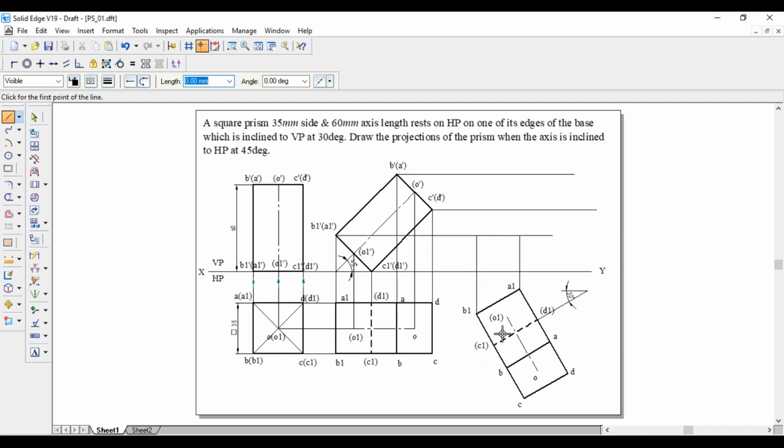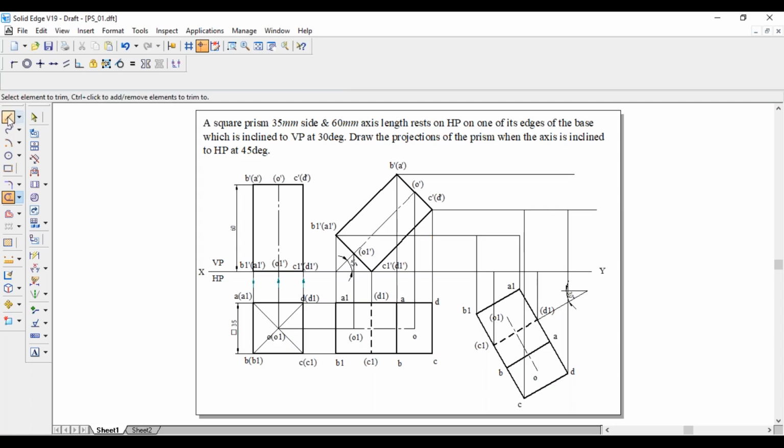C1 on XY line. D1. Similarly, ABCD. C is on this line till this line. D it is also on this line. B it is there on this line till this line, and A.